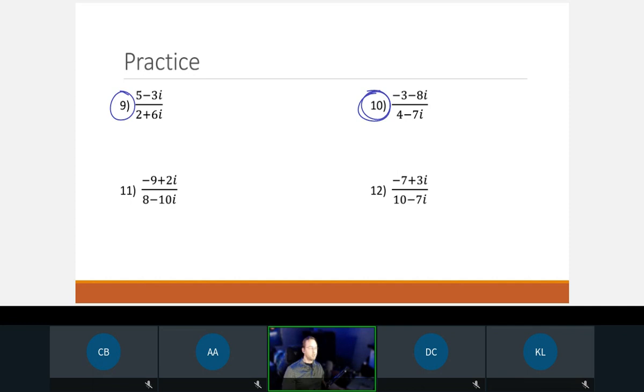All right, everyone in chat, go ahead and write the answer to number 10, please. What did you get? We got 44 over 65 minus 53 over 65i. So you actually don't need the parentheses if you just put 53 by itself.